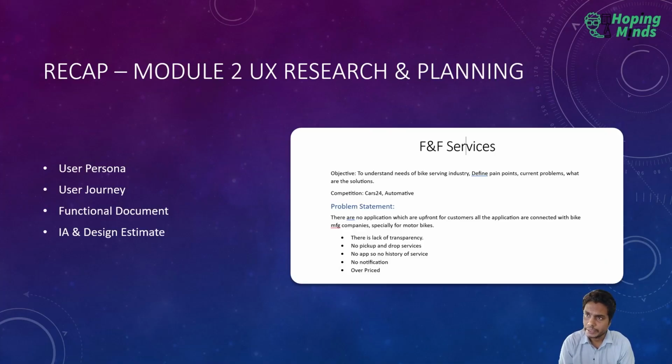We also created a solution statement wherein we displayed the features. What are the features we would like to build to solve this problem and help clients and customers get better services for their motorbike servicing. And then we created information architecture and design estimate.